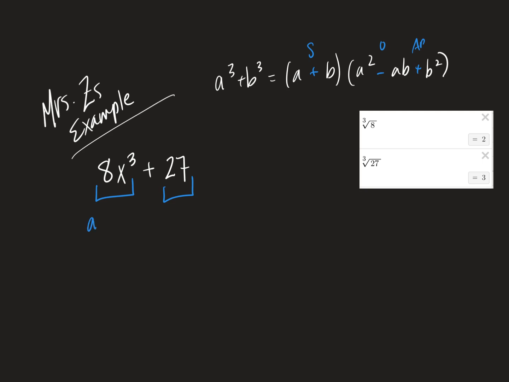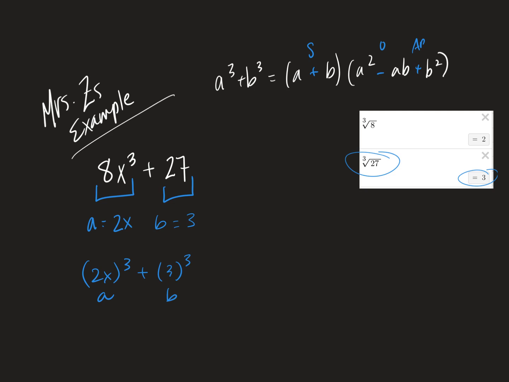So that means that a is going to be 2x, meaning that 2x to the third power is 8x cubed. Then I need to ask myself, what cubed gave me 27? The cube root of 27 is 3. So b would be 3 because 3 to the third power is 27. So it looks like this: 2x to the third plus 3 to the third. So this is a, this is b.